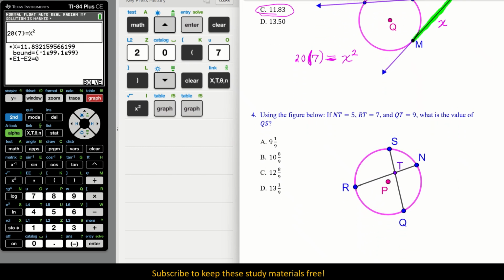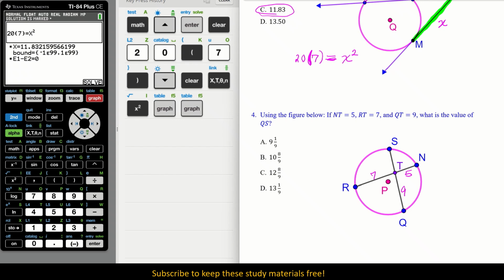All right. Using the figure below, if NT equals 5, RT equals 7, and QT equals 9, what is the value of SQ?